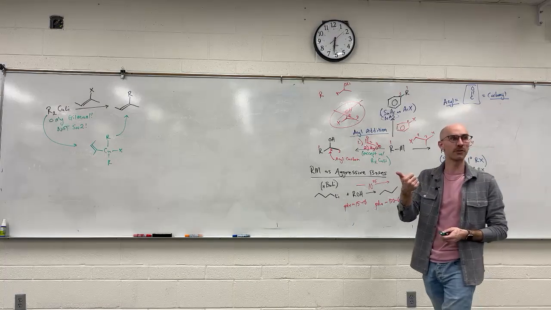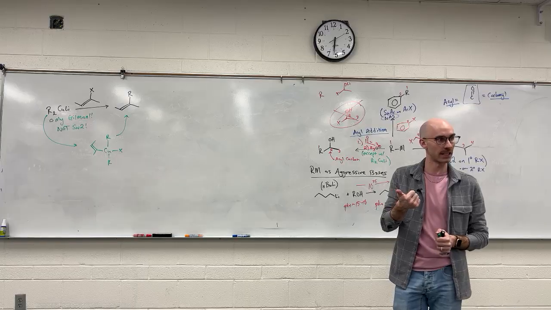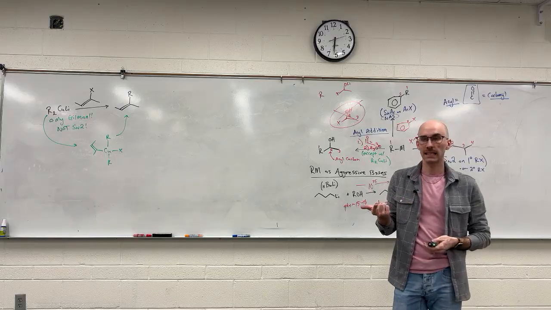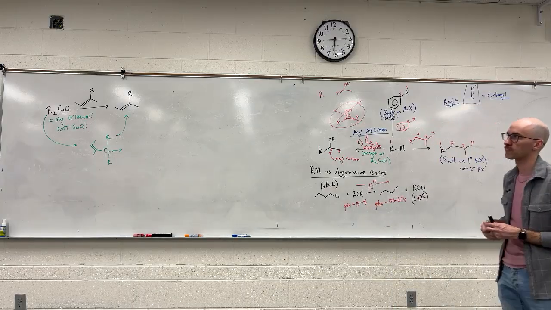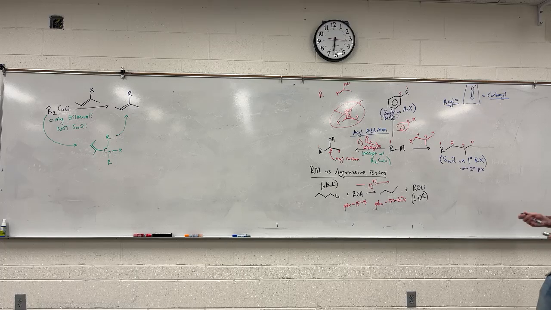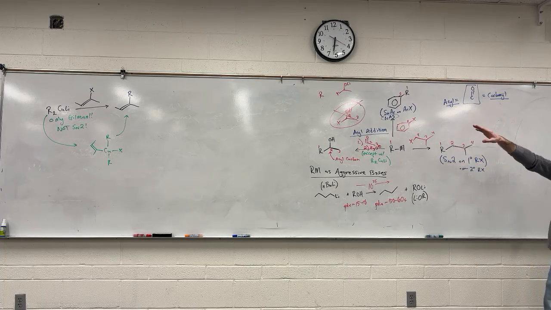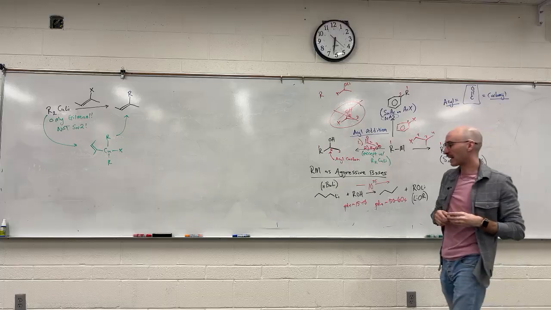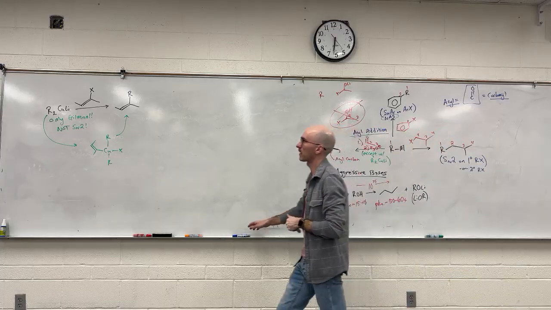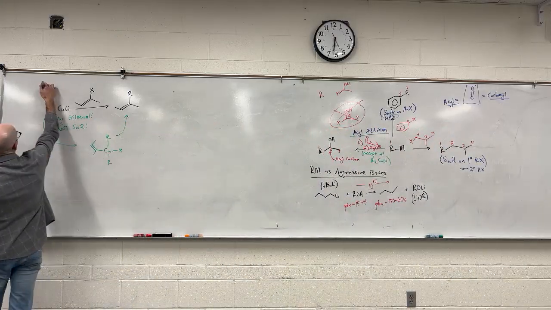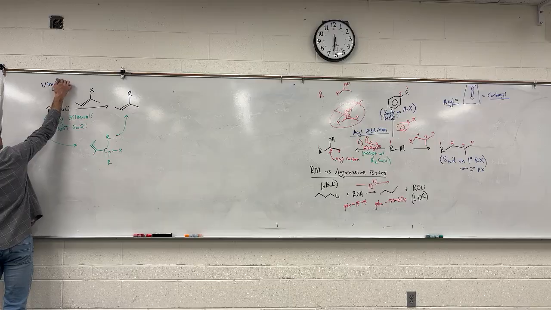Magnesium can't do that. It doesn't have d orbitals to accommodate that. Lithium can't do that. All right, so we've got SN2, NAS, acyl addition, and then this vinyl substitution. If you want to give this a name, the best name would be vinyl substitution.